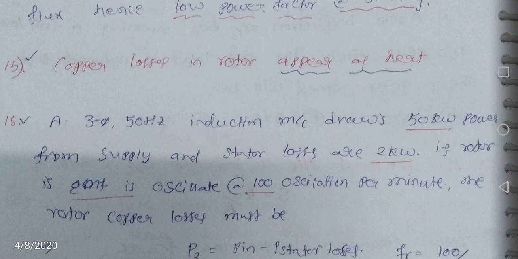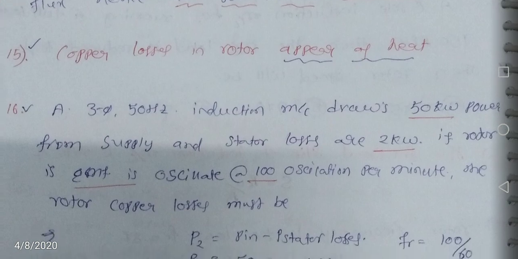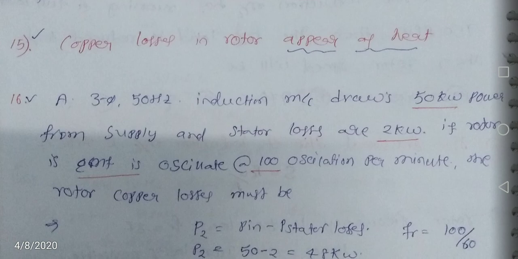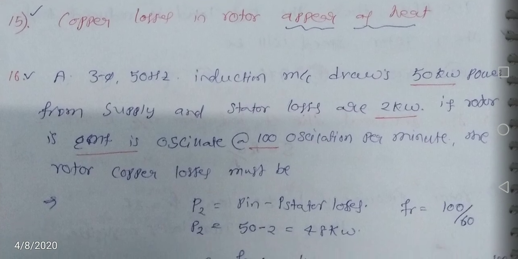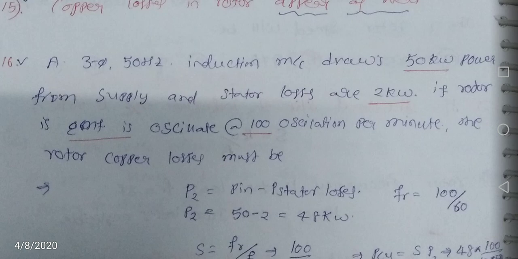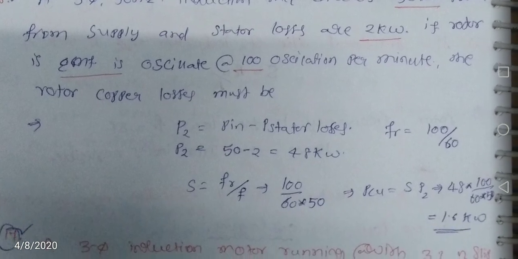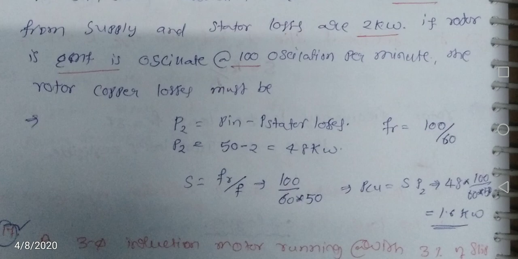A three-phase 50 Hz induction machine draws 50 kilowatt power from the supply, and stator losses are 2 kilowatt. If the rotor EMF oscillates at 100 oscillations per minute, the rotor copper losses must be found. P2 equals P in minus P stator losses. P2 equals 50 minus 2, which is 48 kilowatt.